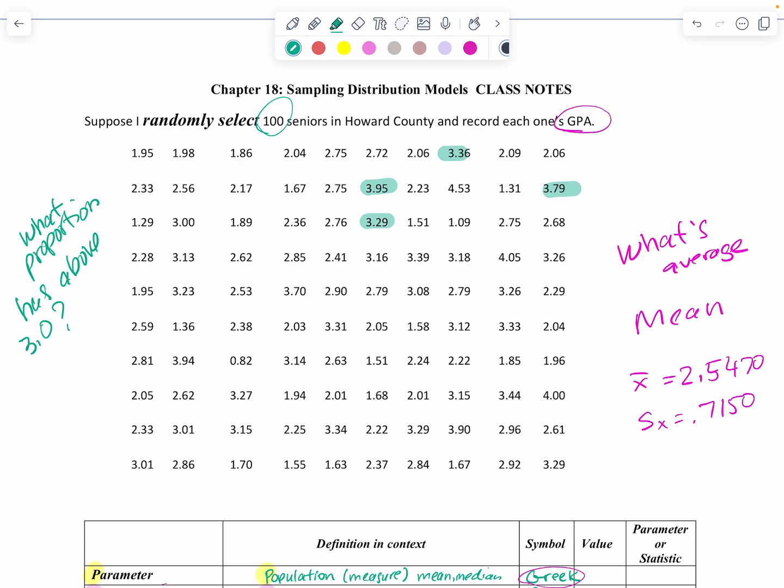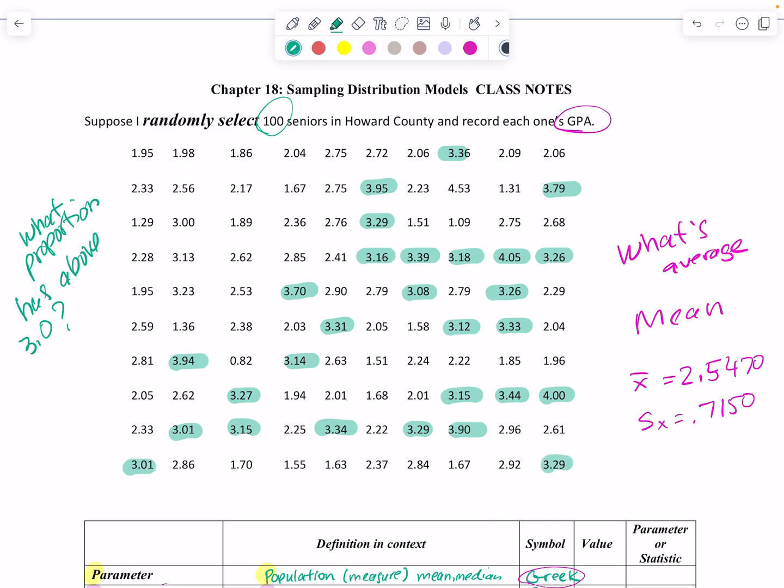So we're going to go here, here, here, here, and real quick, just highlight everything above a 3.0. Let's see if I can grab them all. I apologize if I missed any, but let's just go with the data that I am grabbing here.